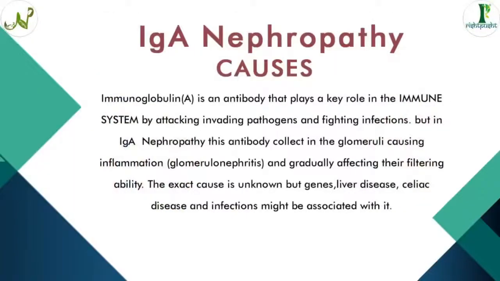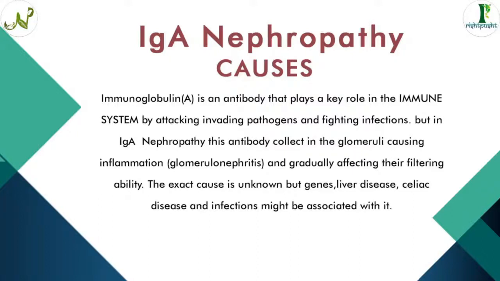Now, what are the causes of IgA nephropathy? First of all, there is an immunoglobulin named immunoglobulin A. Immunoglobulins are basically the antibodies which are meant to fight infections coming from outside into the body. They are for the benefit of our body.